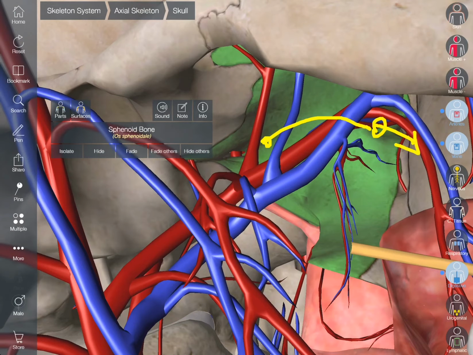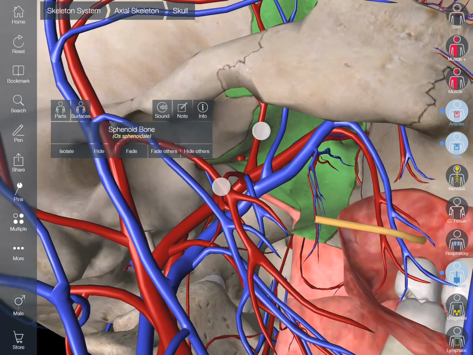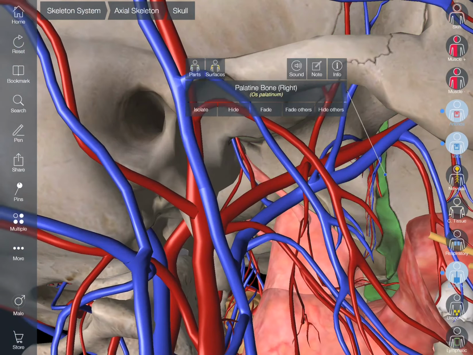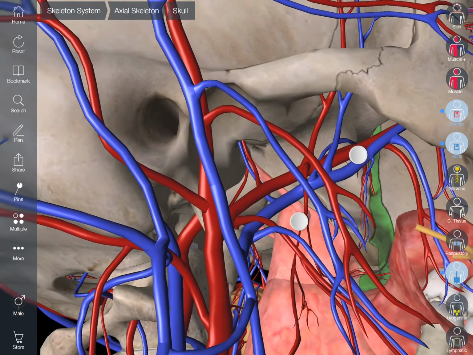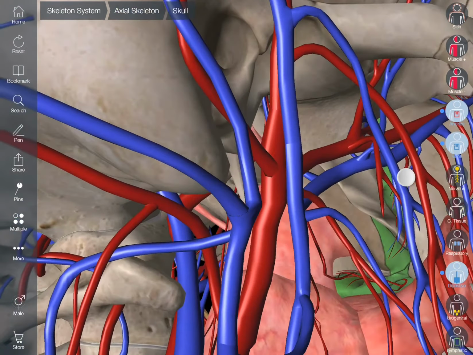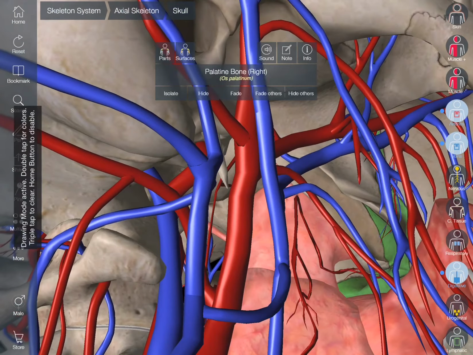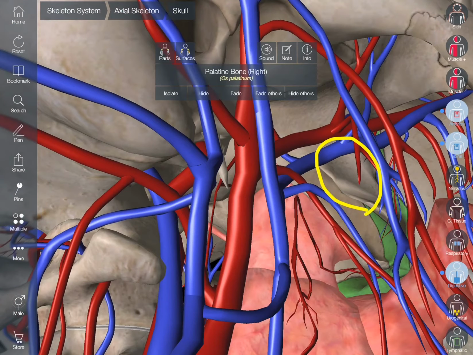pterygopalatine fossa. So why do we call this the pterygopalatine fossa? Well, because this is the palatine bone, and this is the pterygoid plate of the sphenoid bone. So this fossa is basically called the pterygopalatine fossa.